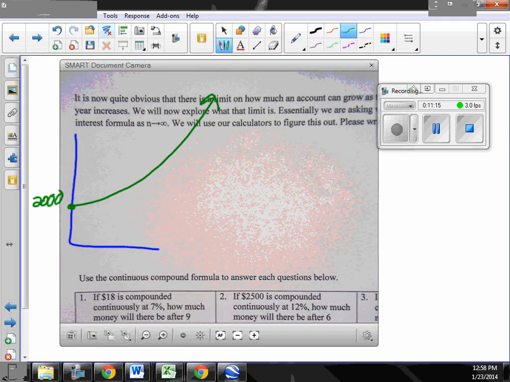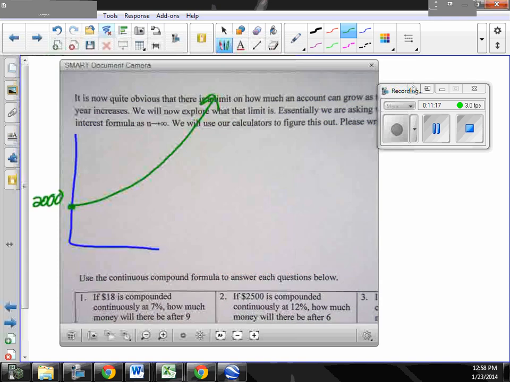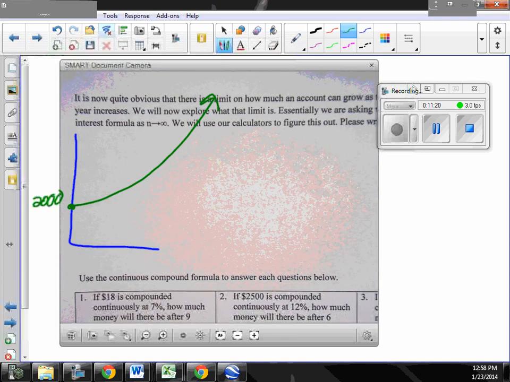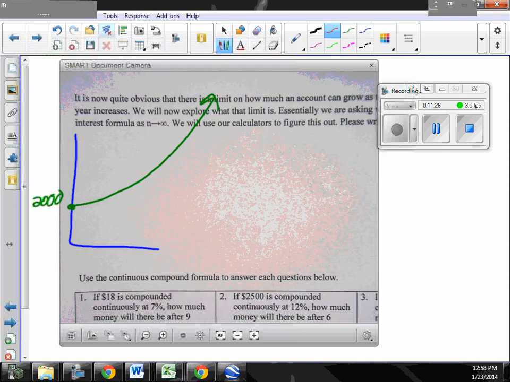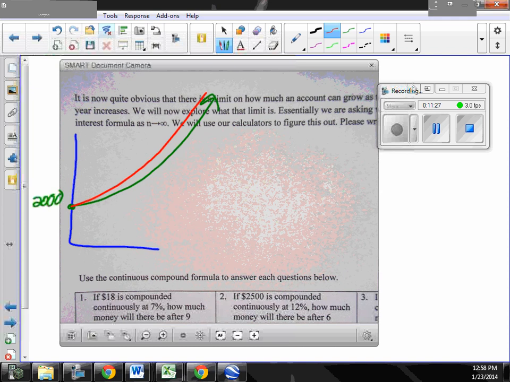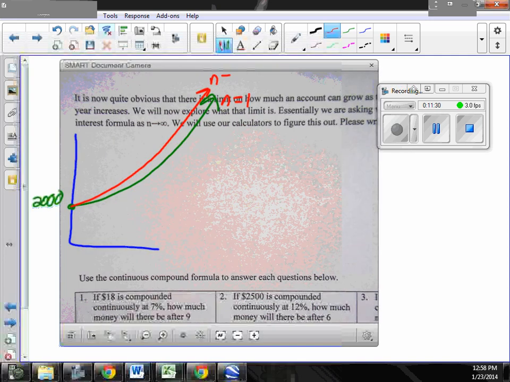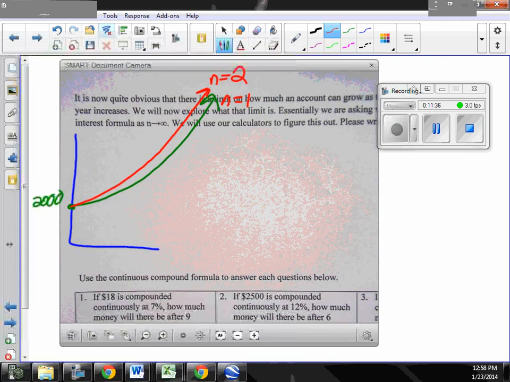What is the graph going to look like if we compound semi-annually? A little bit steeper. So semi-annually, it might look something like this. So the first one is n equals 1, and the second one is n equals 2. And every time you increase your n, the graph is going to be taller.